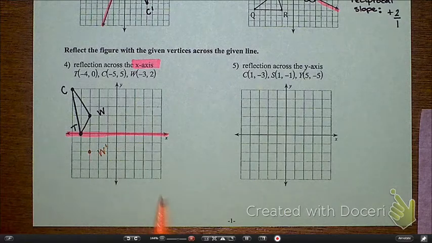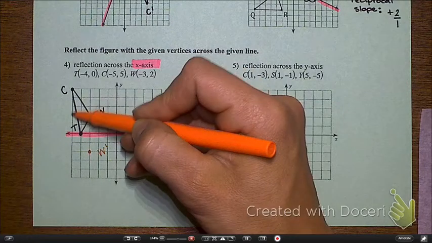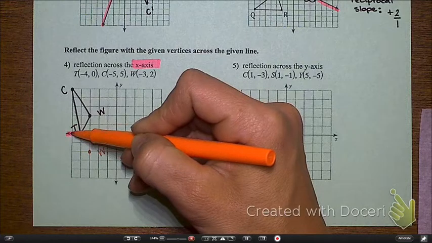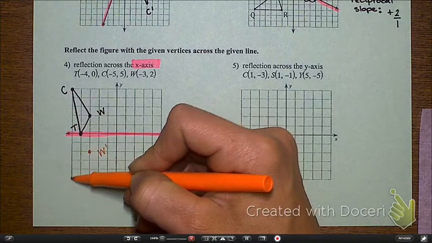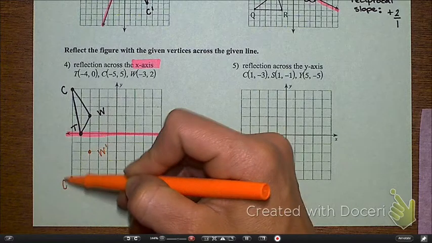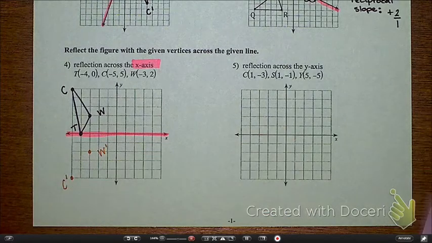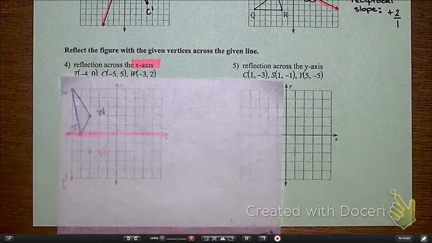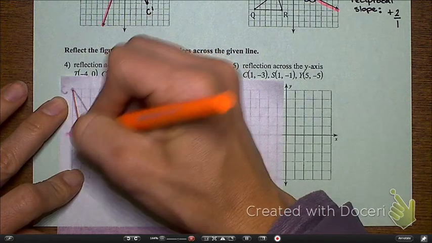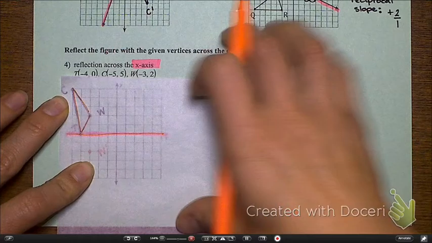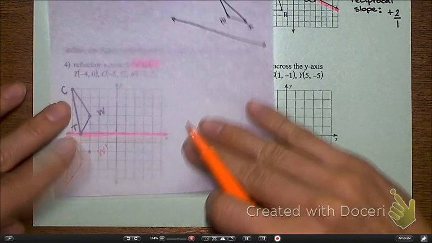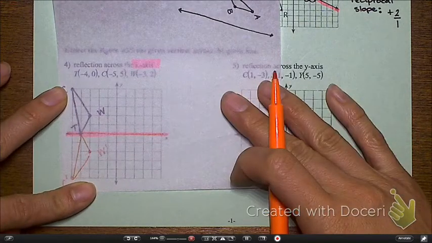Okay, now for C, 1, 2, 3, 4, 5 to the line, 5 more below. 1, 2, 3, 4, 5. That's where C prime goes. Okay, what about T? What happens with T? Yeah, T is already on the line of reflection, right? So if I were to look at this shape and I did it with my trace paper and flipped it over, T is actually not going anywhere, okay?